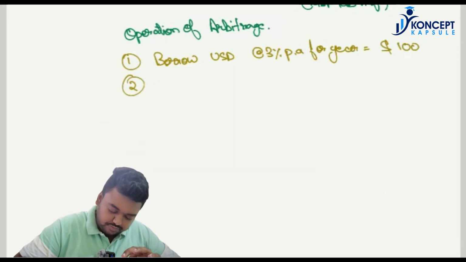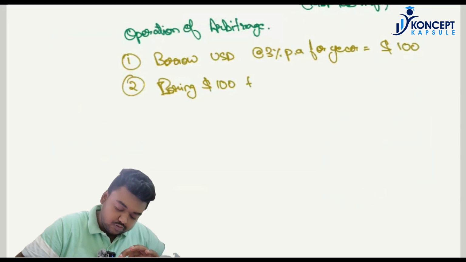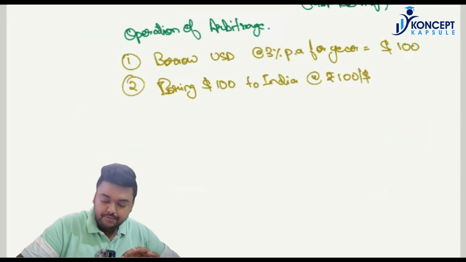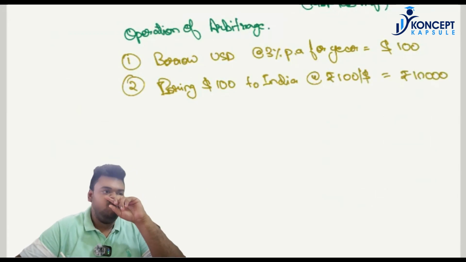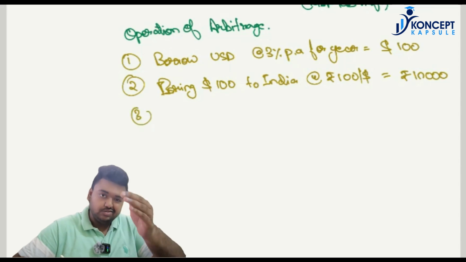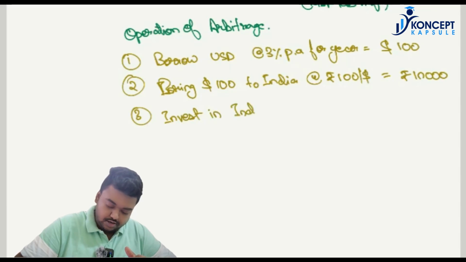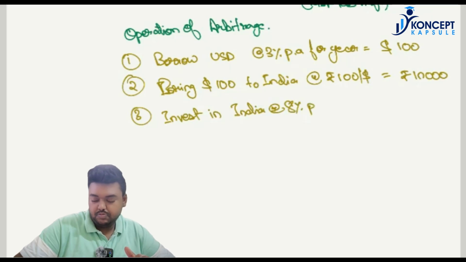Once we have borrowed, bring the $100 to India at the rate of rupees 100 per dollar. So the total amount that comes to India is rupees 10,000, guys. Now, once this rupees has come to India, invest in the Indian market at the rate of 8% per annum.